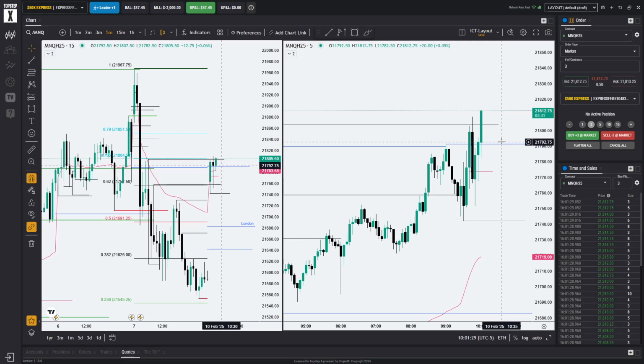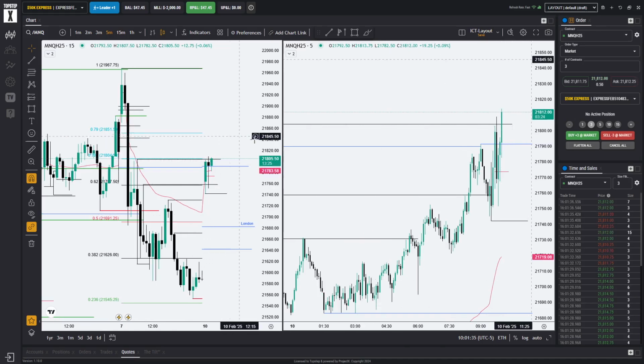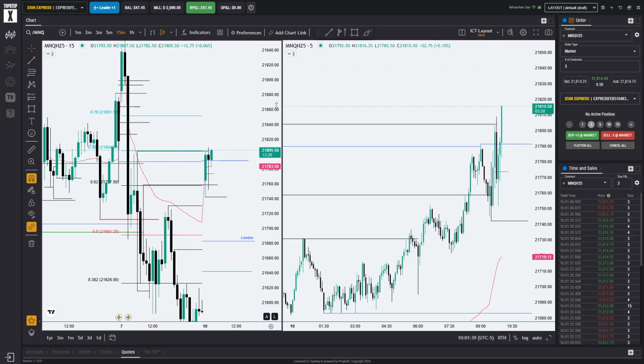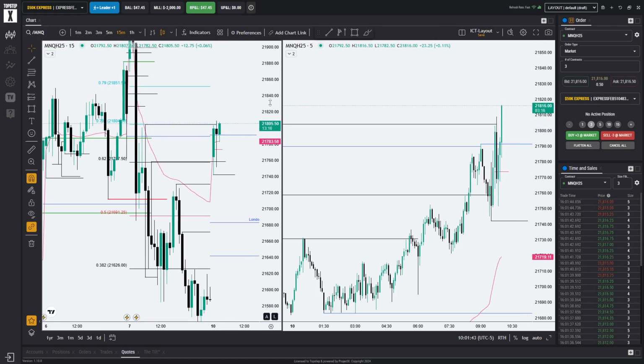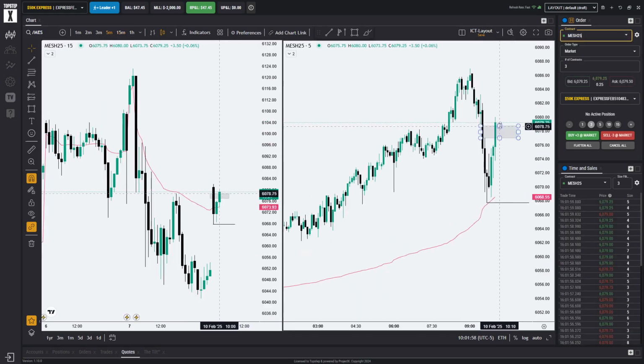NQ is breaking out now. All right. Are we going higher? Fine. Has ES inverted that? Has to close above.